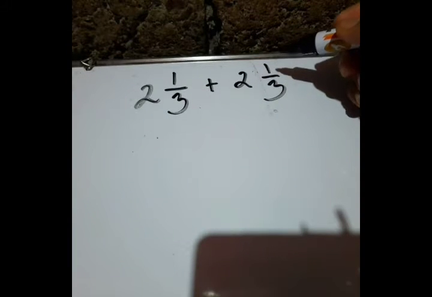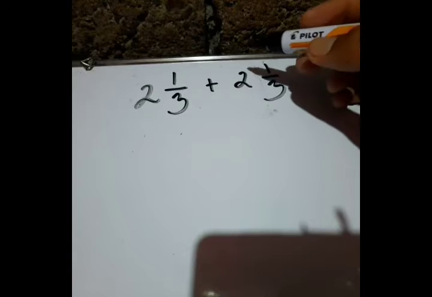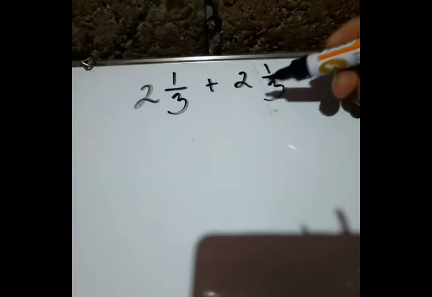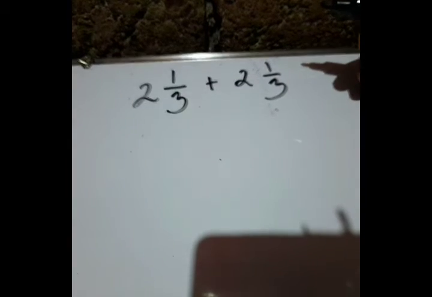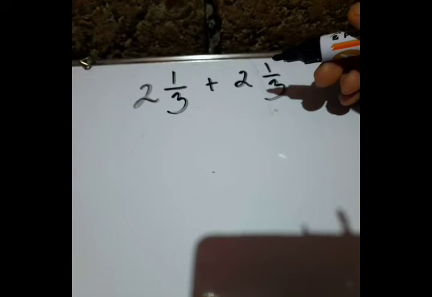Okay, so the usual thing that we do in solving this kind of fraction is that we simply add them right away. Since I have said earlier that we have a tricky part in subtraction, we will have a one-way process in solving.